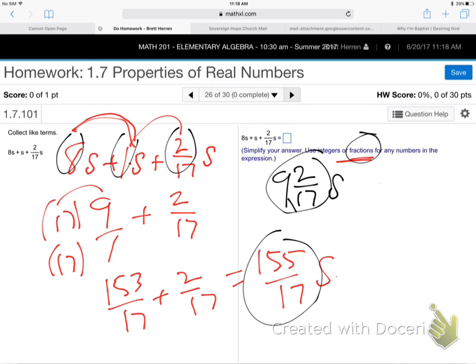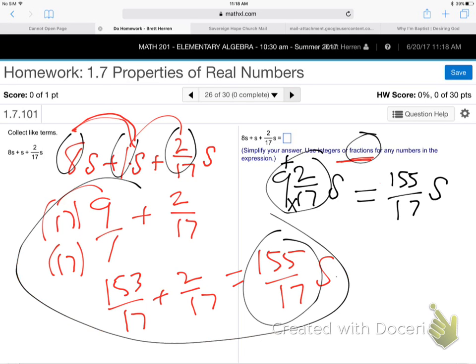You go 9 times 17, add 2. And you keep the denominator 17, and the s stays in the front as well. Do that, guess what you get? 155. Same answer. So I'm just showing you a way I thought was a little bit easier. Just add the 9, 8 and 1 is 9, and then the 2/17, and then just multiply the bottom, add the top. But this way's okay too. Both are right. Questions?